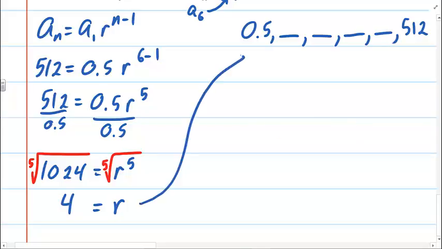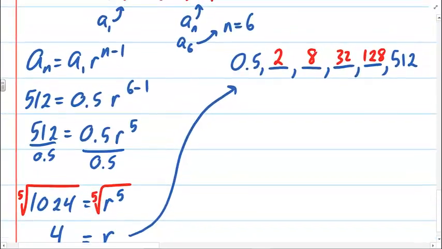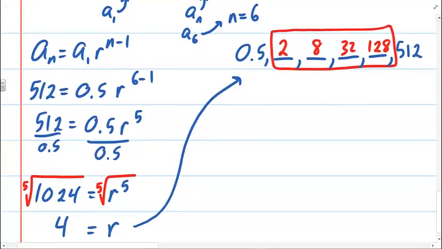I can go all the way back up here to the beginning thing that I had, plug my 4 in, or multiply by 4, and 0.5 times 4 is going to give you 2, times 4 is going to give you 8, times 4 is going to give you 32, and times 4 is going to give you 128. If you take 128 times 4, it gives you 512, and I have now found the 4 geometric means between there.